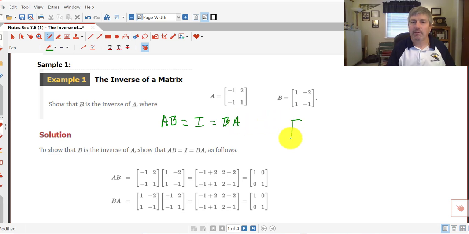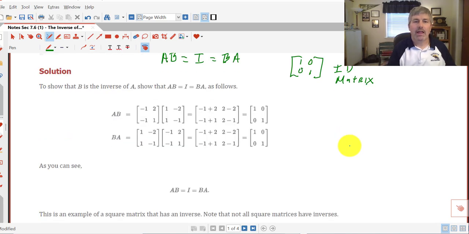And our identity matrix here has to look like this with zeros and ones. Here's our identity matrix.